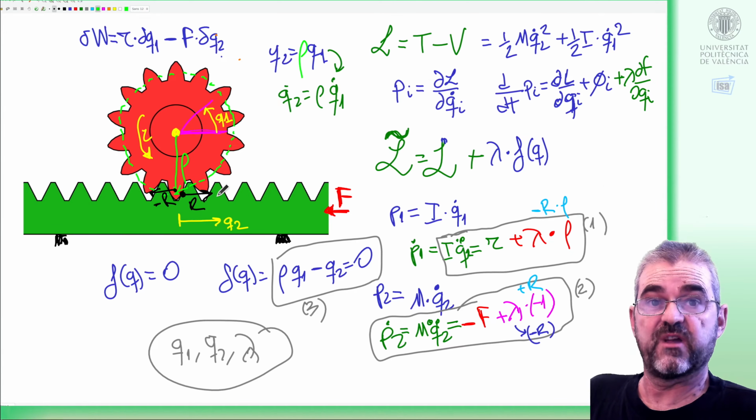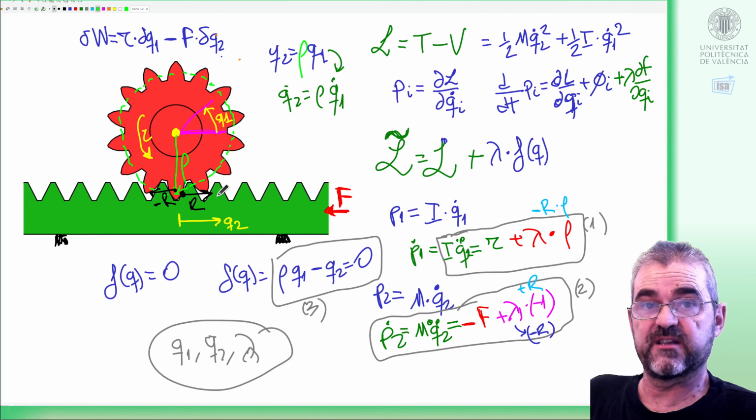In this video, we have discussed three different ways of expressing the equations of movement of this pinion-rack mechanism using the Euler-Lagrange formalism.